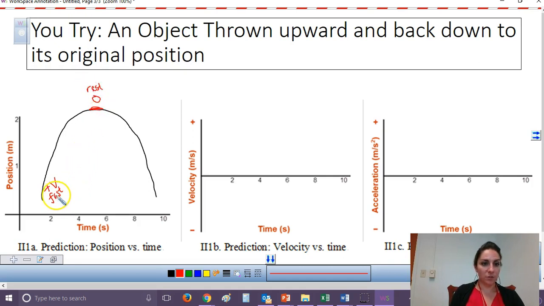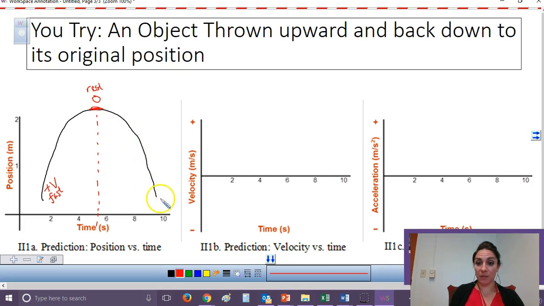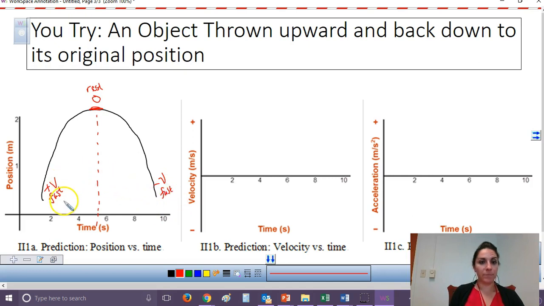You start off with a positive velocity, and you go to rest. Roughly a little before, maybe to make it easier, I'll just put it in between 5 and 6. And then here, notice the slope changes, which means you have a speed up here. So, positive velocity to 0, 0 to negative velocity.